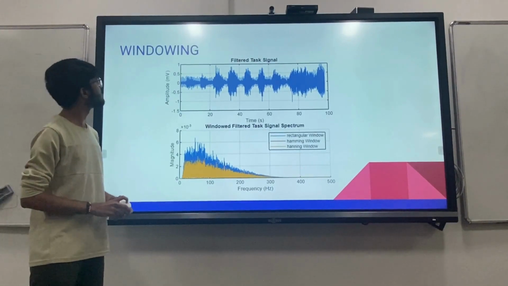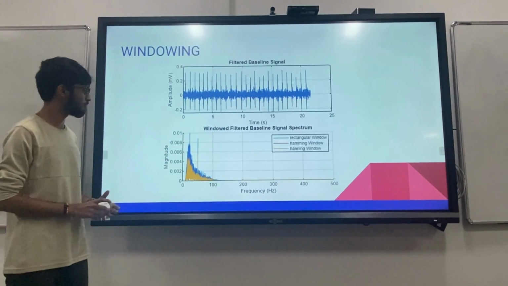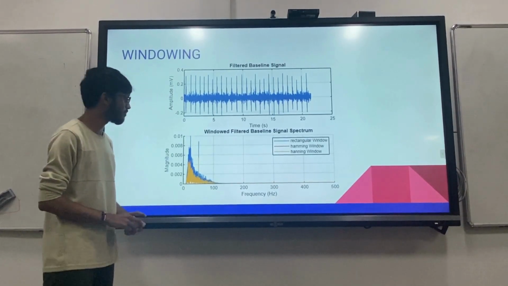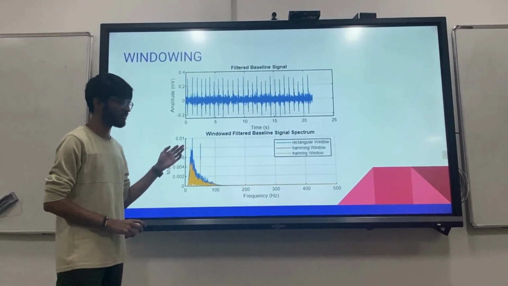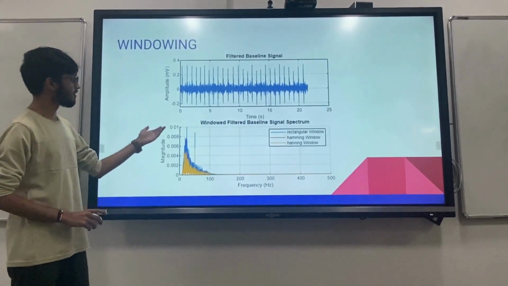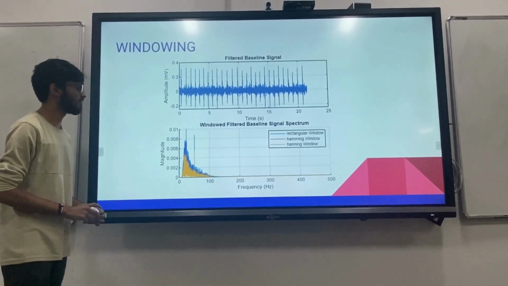We have also plotted the similar thing for the baseline signal. Here also the similar argument can be made, because the attenuation of the rectangular window is smaller than that of the other two. The amplitude which it provides is greater than the other two windows.